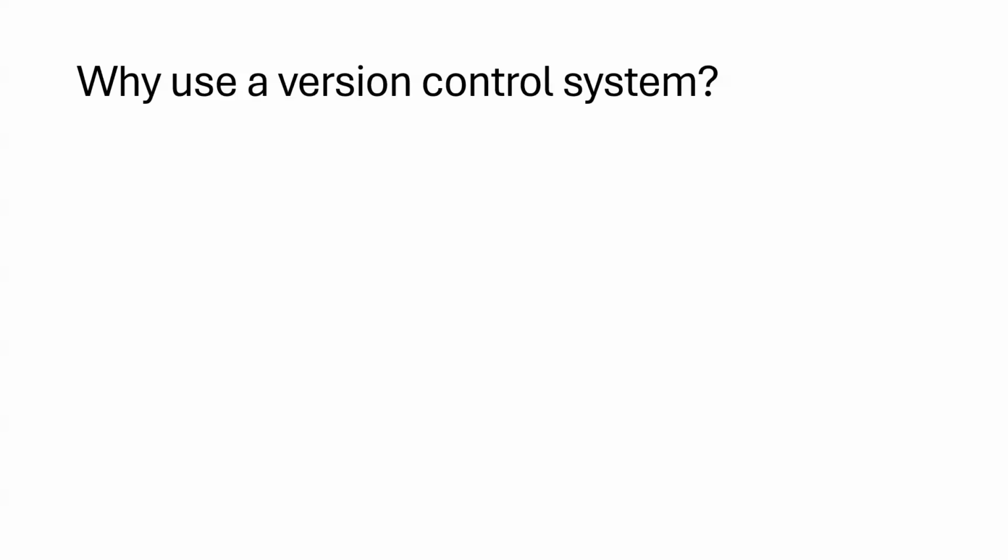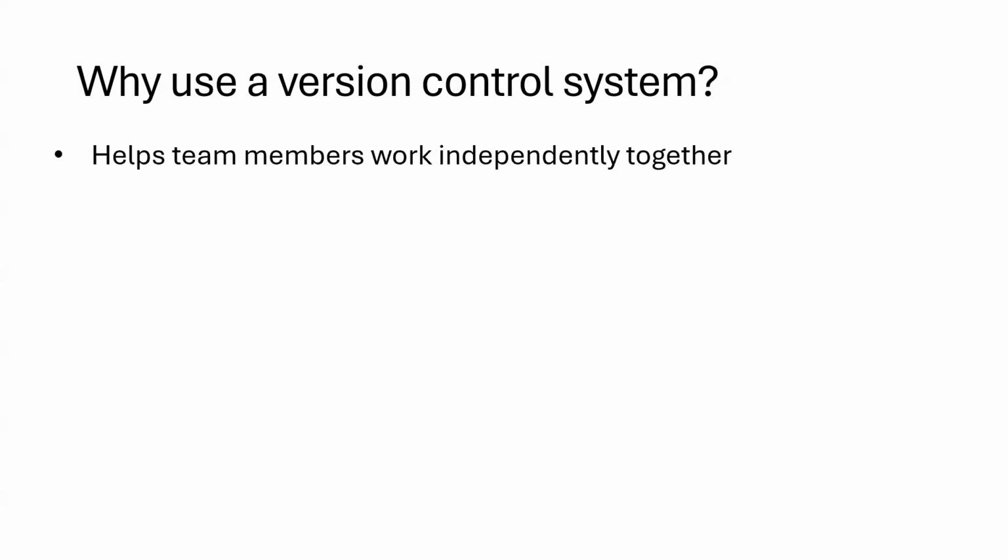So why should you consider using a version control system, especially if you're not a software engineer, which I am not? The main reason is that it helps team members work independently together. Oftentimes with Bayesian data analysis, for example, you have multiple people who are working toward the same goal, but they really need to focus and work independently and then connect to figure out who's doing what and check in on their progress.